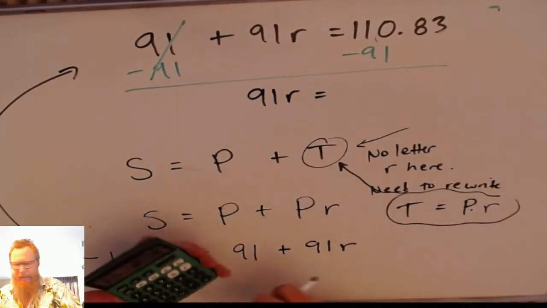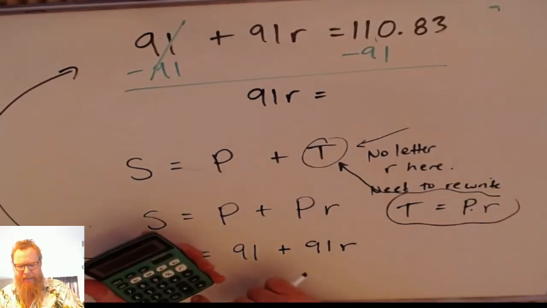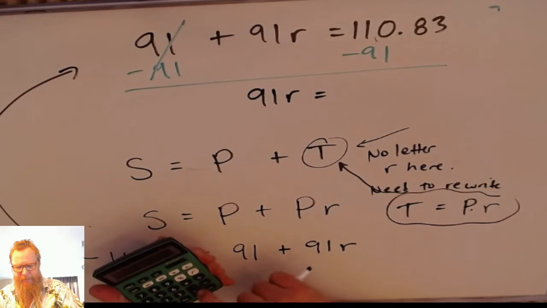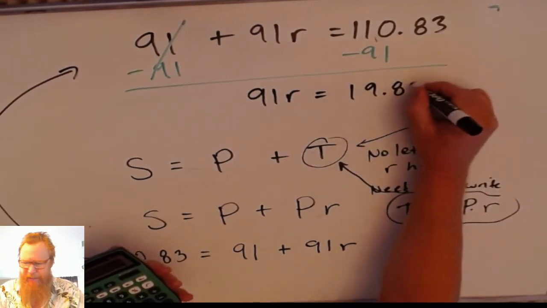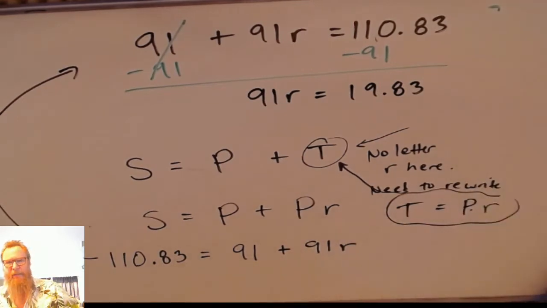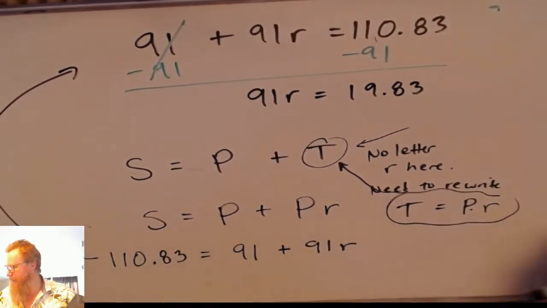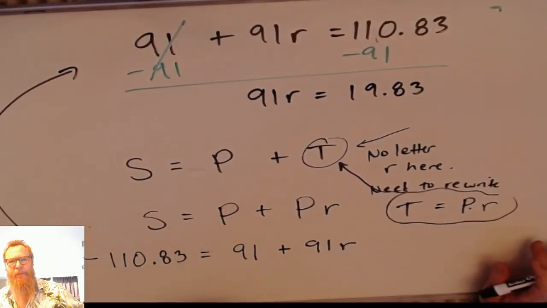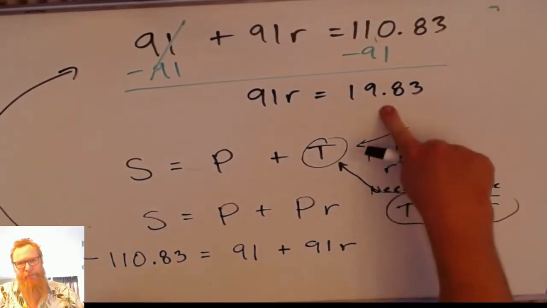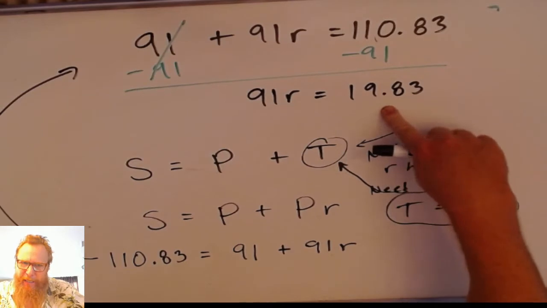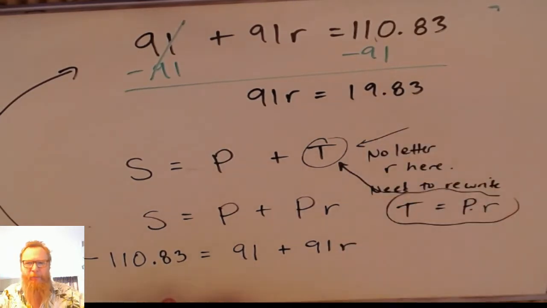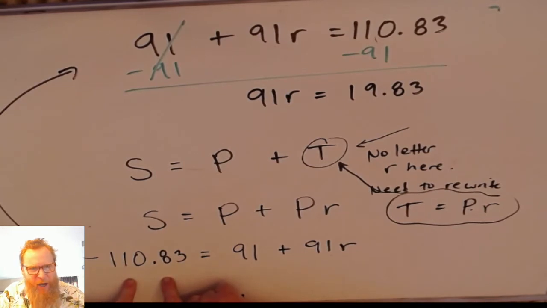So what's $110.83 minus $91 is $19.83. Okay, so that's your tax. You probably already figured that out a minute ago, right? I hope you did. When you're reading the problem and you read, well, if something costs $91, but they charge me $110, you've all experienced this in life, right?